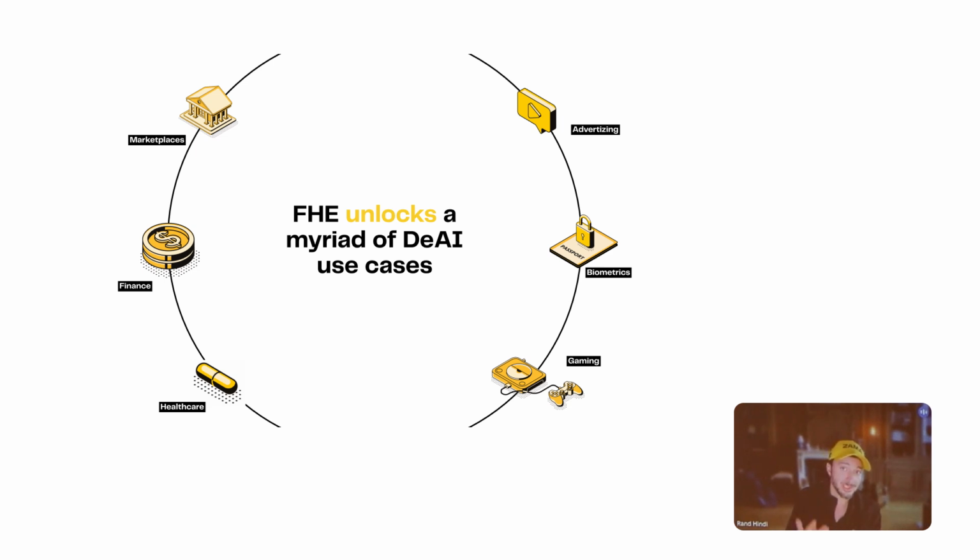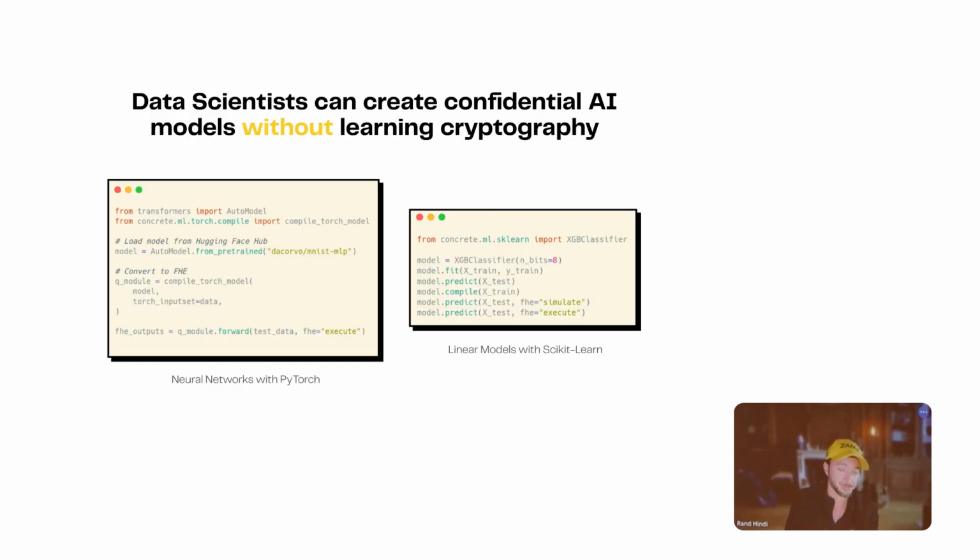Because you're not selling the raw data itself, but only the result of the computation, you can keep on selling your data as many times as people want to compute on it. So I think that FHE is a great way to monetize data in general without actually risking the data being reused without your permission. These are just some examples, but you can imagine how many others might exist out there. I would even go as far as saying that everything we're doing in the cloud becomes possible eventually on chain thanks to FHE.